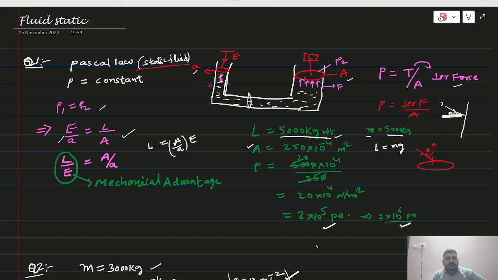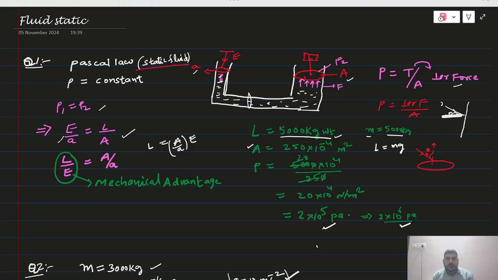Now, this Pascal's law is very advantageous in our present life. Examples are hydraulic brakes and lifting heavy luggage.